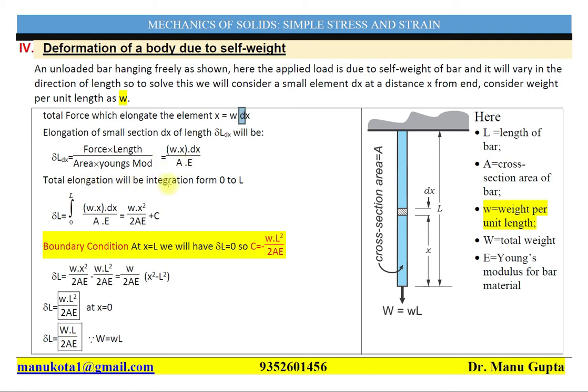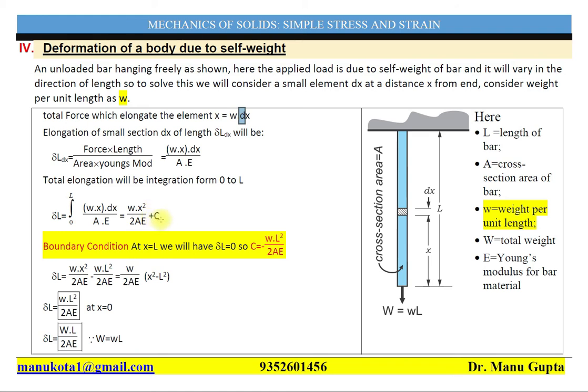To find the total elongation, we will integrate it from L to 0. It is a simple integration and it comes out to be w x square by 2AE, plus one constant c.